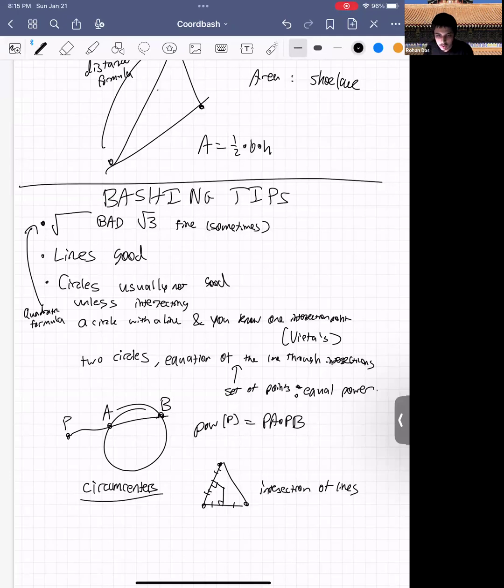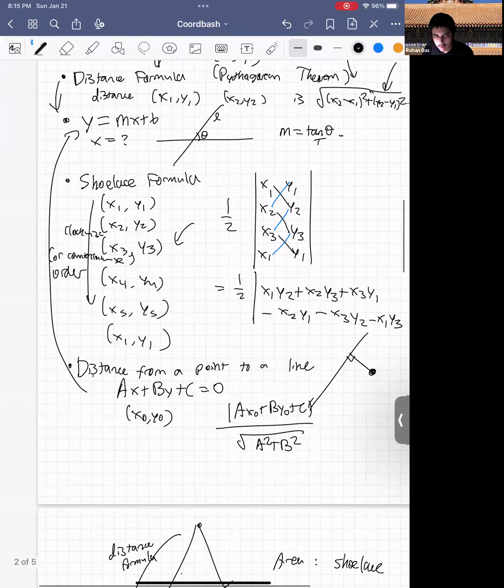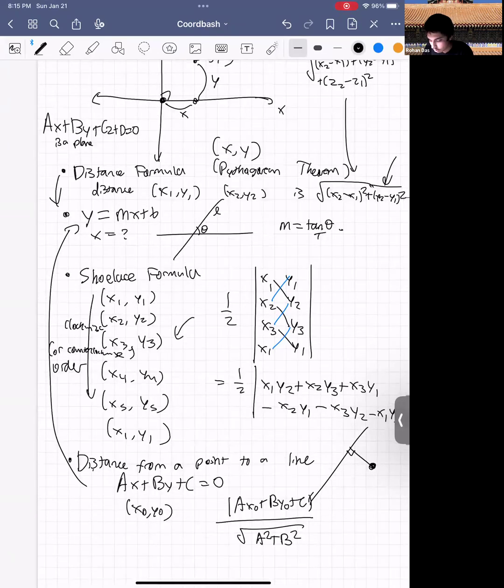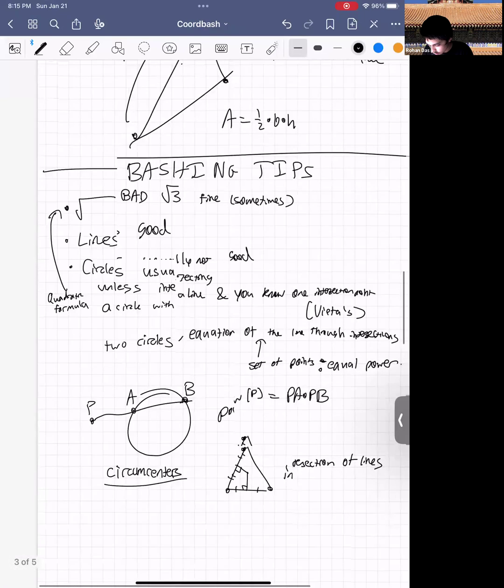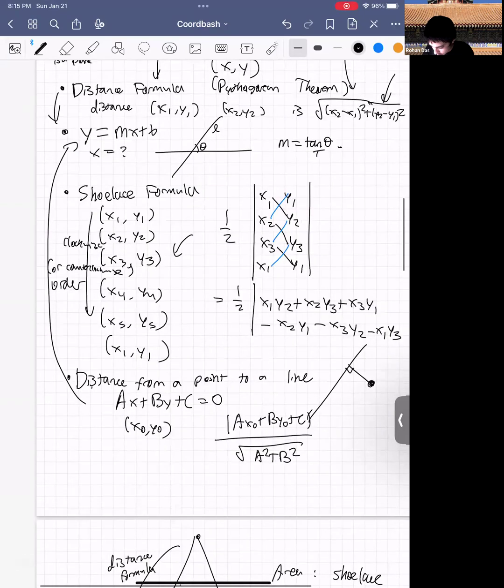And this is a good time, I think, to recall two things that follow from the properties we have seen before, which are that the midpoint of (x1, y1) and (x2, y2) is ((x1 plus x2) over 2, (y1 plus y2) over 2).